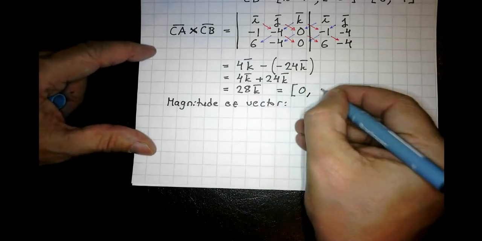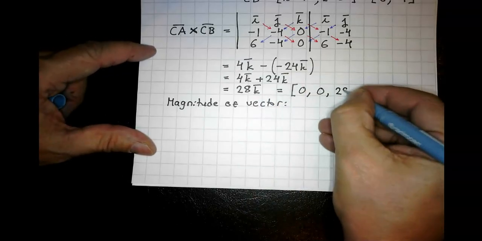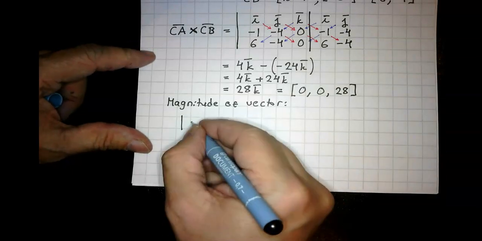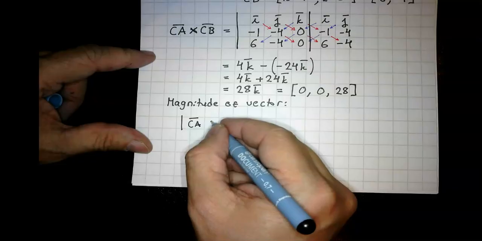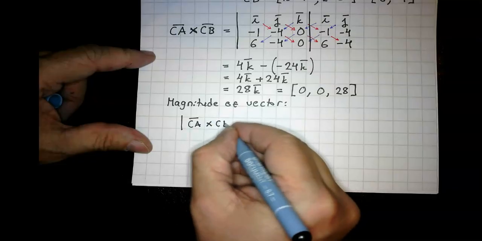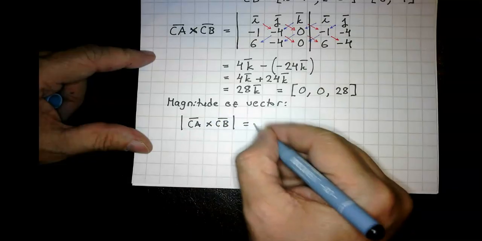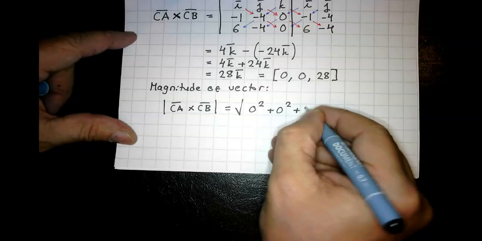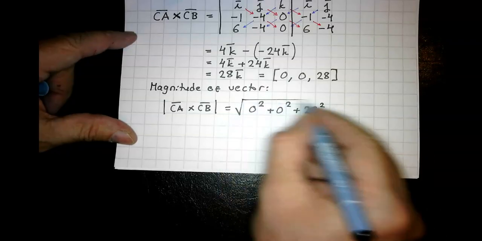So we have 0, 0, and the third component is 28. So the magnitude of this vector, CA cross CB, we use the Pythagoras here, 0 squared plus 0 squared plus 28 squared.